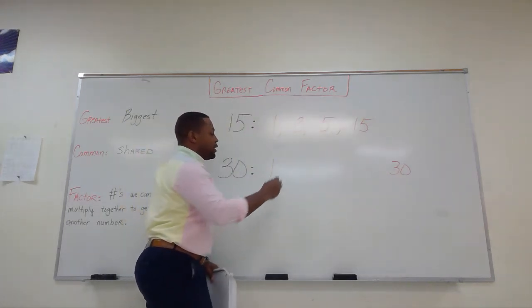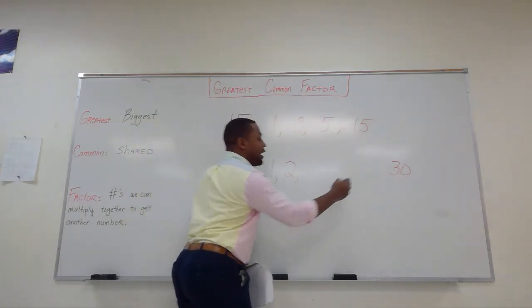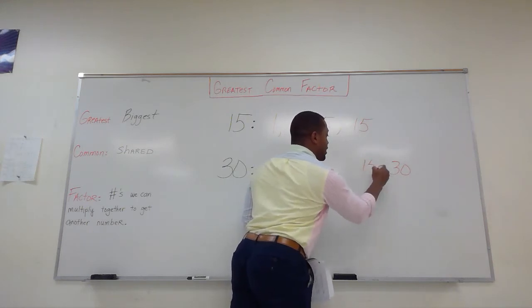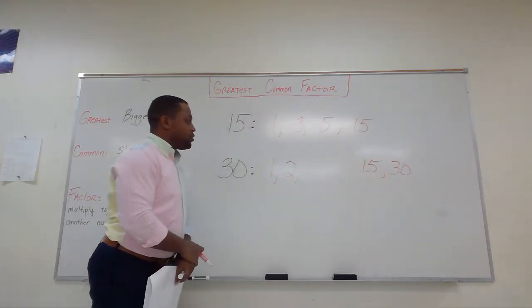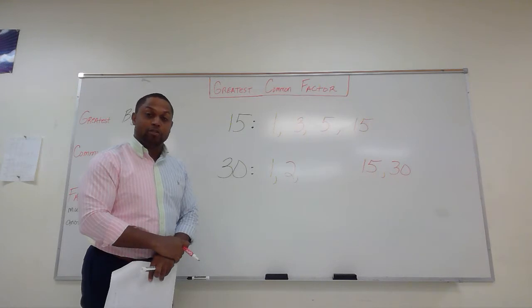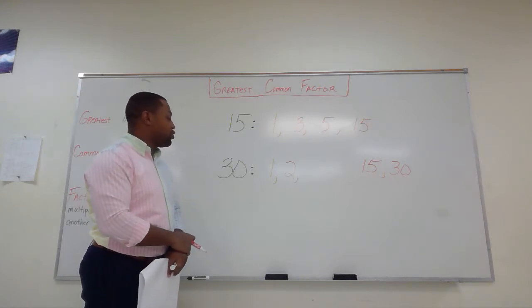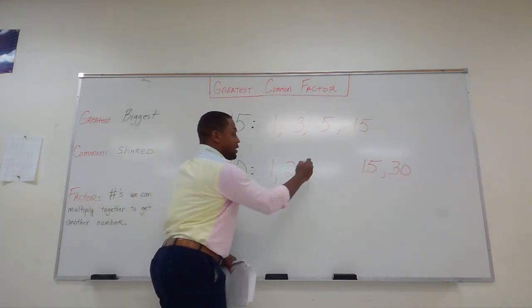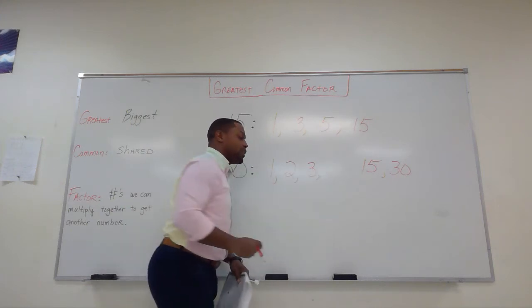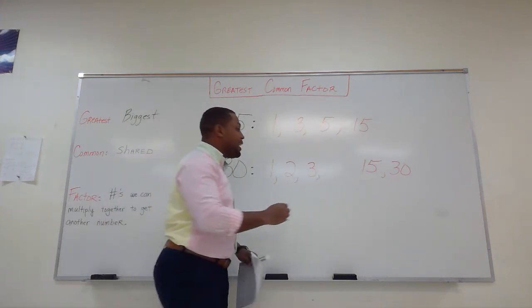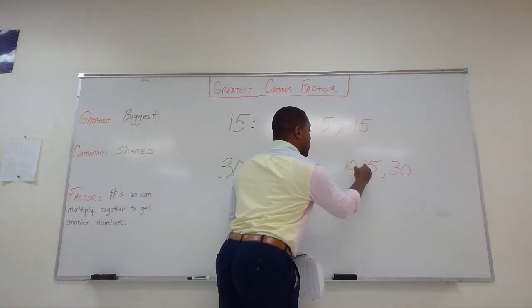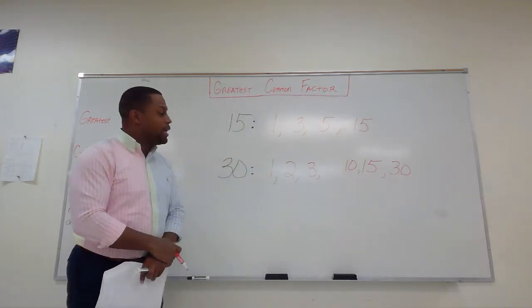2 would be a factor because 2 times 15 is 30. So that means 15 is a factor as well. So we have 1, 2, 3 is a factor because 3 times 10 gives me 30.